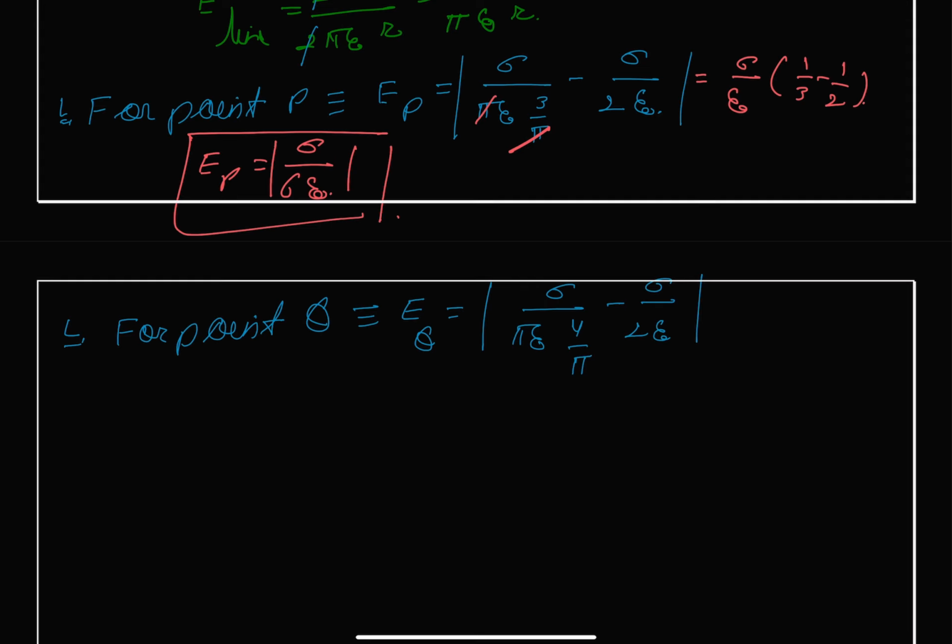Pi cancels with pi, this comes as sigma upon 4 epsilon naught.